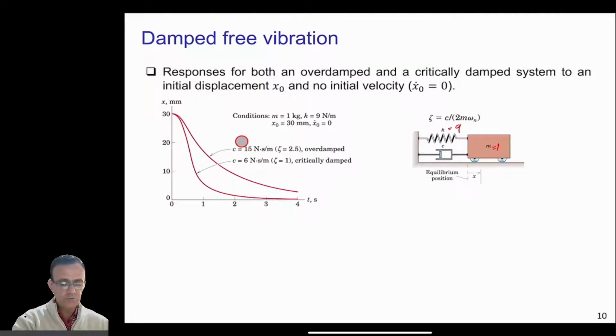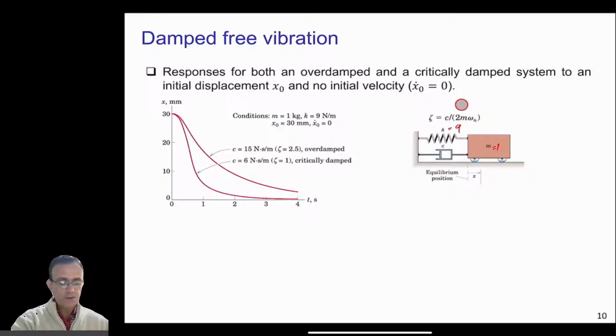If you want the system to be overdamped, you will use c to be 15, and if you use c equal to 6, then the system becomes critically damped. We know that zeta is equal to c divided by 2m omega n.